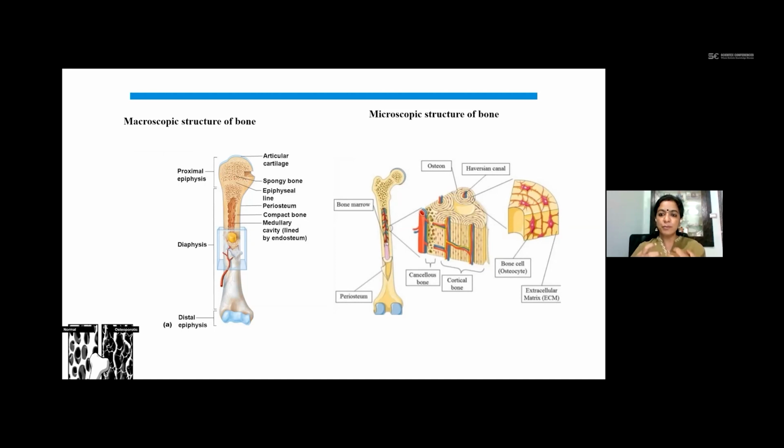This is how our bone looks at the microscopic level. So it is very important to have the proper composition and proper arrangement of this osteon structure, and the structure and composition might change under different physiological conditions.